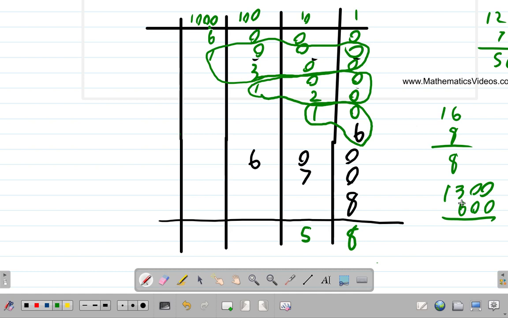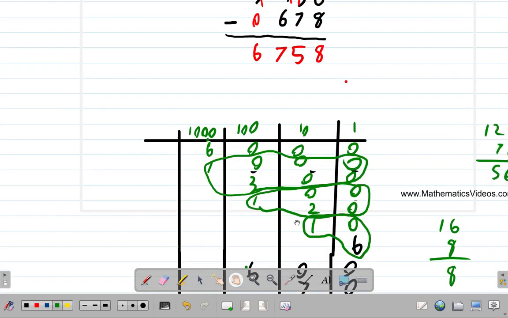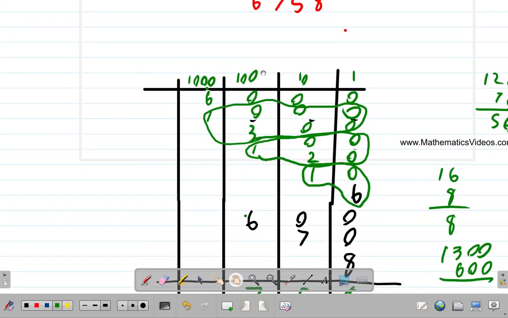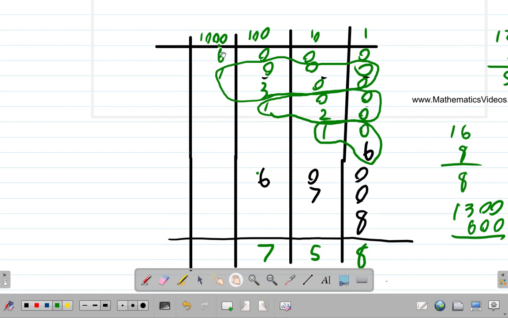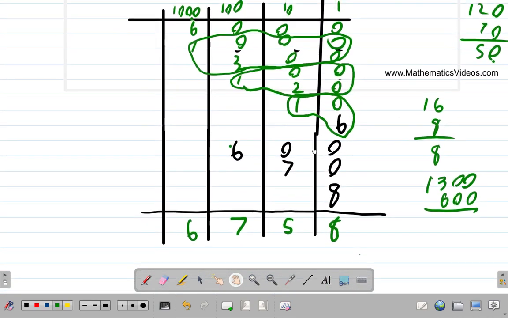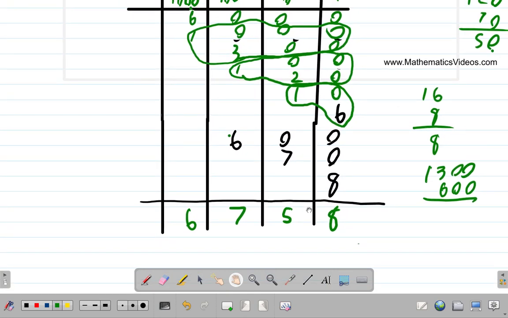So it's really 1,300 minus 600 leaves 700. That is what you do. That's why you say 13 minus 6 is 7, and you write the 7. You see? So what you have over here is 6,000. So 6,000 minus nothing gives you 6,000. So 6,758 you get as the answer. 6,758. Right? So that's really what goes on here.